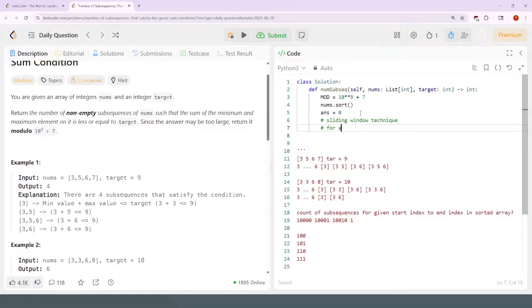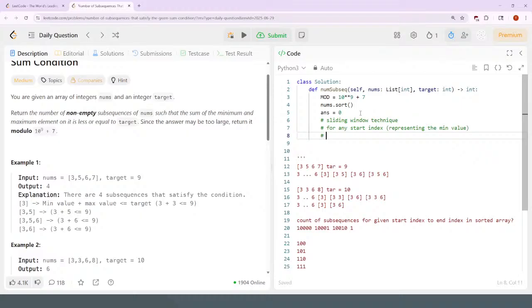So for any start index representing the min value, extend out the right side of the window.